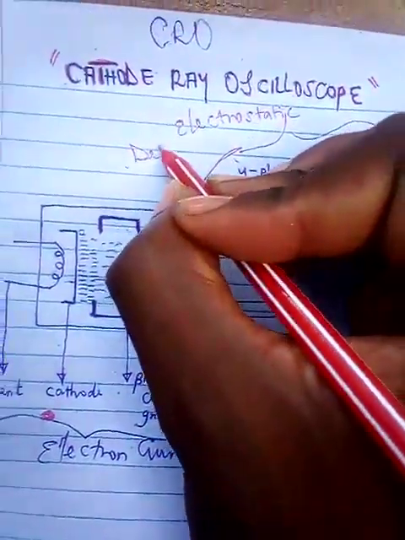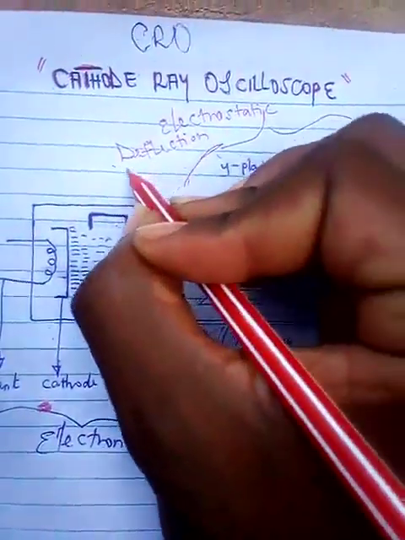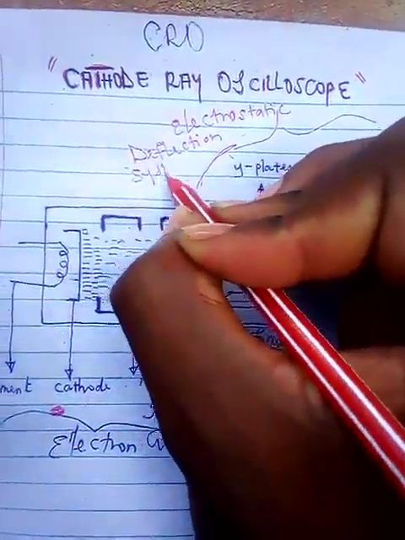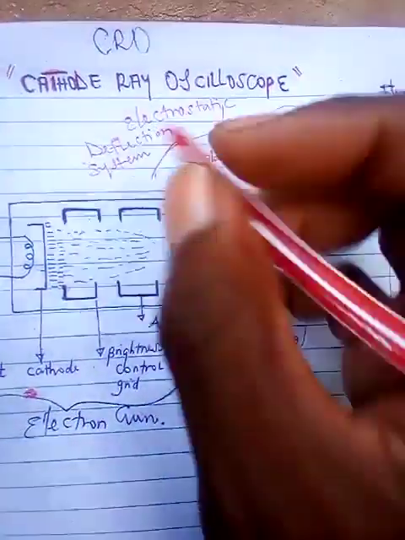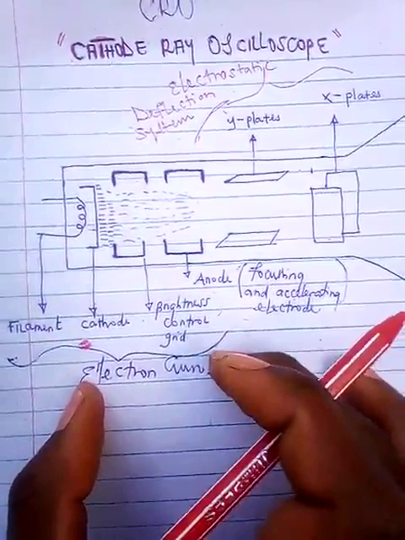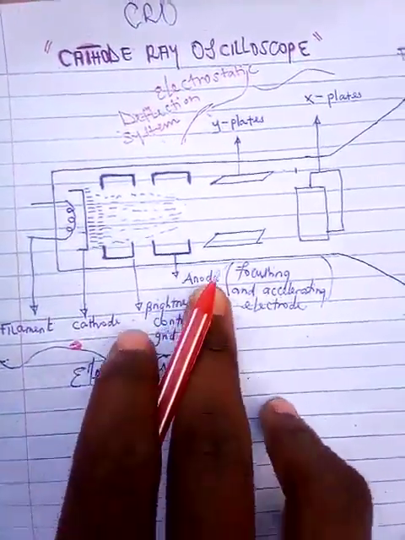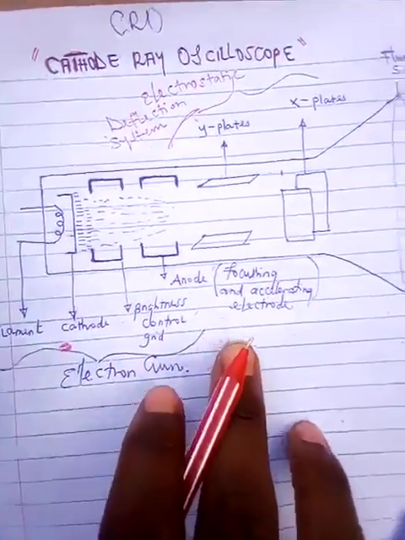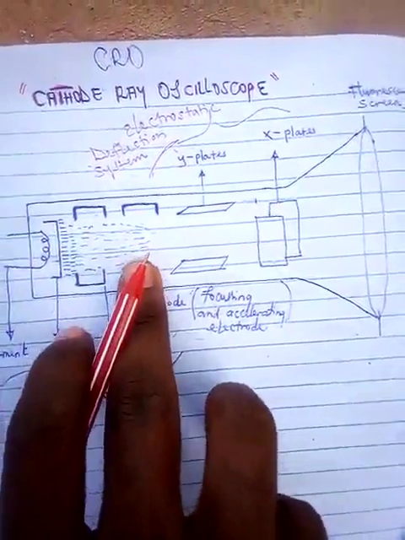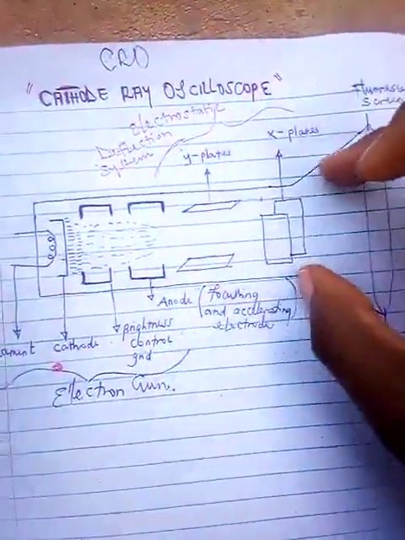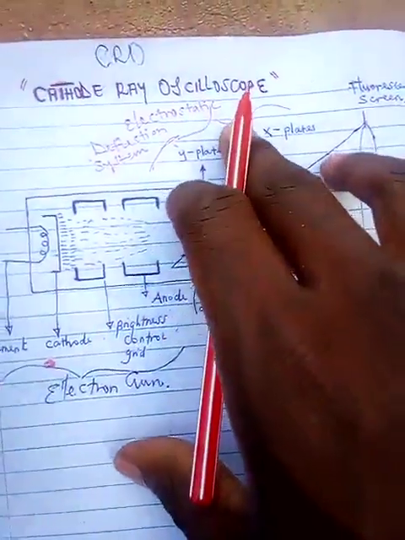In case you forget the word electrostatic, at least know that this is the deflection system. So we have the electron gun, which includes the filament, the cathode, the brightness control grid, and the anode, or better said the focusing and accelerating electrode, which describes its function. And this part here is going to be referred to as the deflection system.